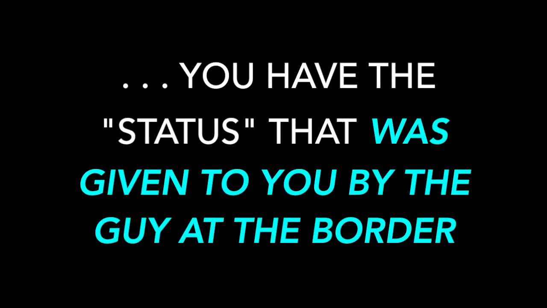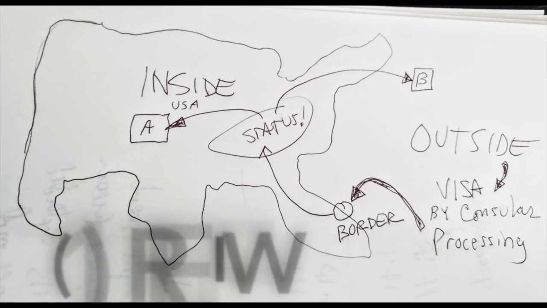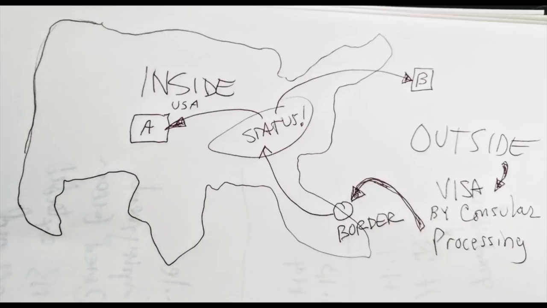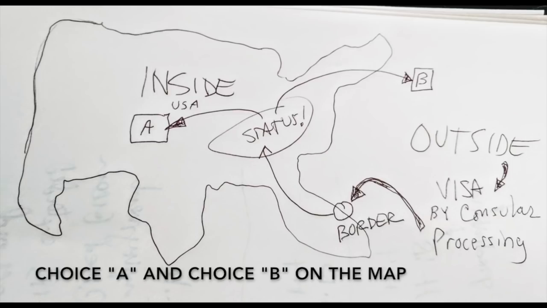So when you're inside America, choice A is changing your status inside the United States. And choice B on the map is to leave the United States, leave your status behind that you got at the border, and consular processing a new visa for an updated status.